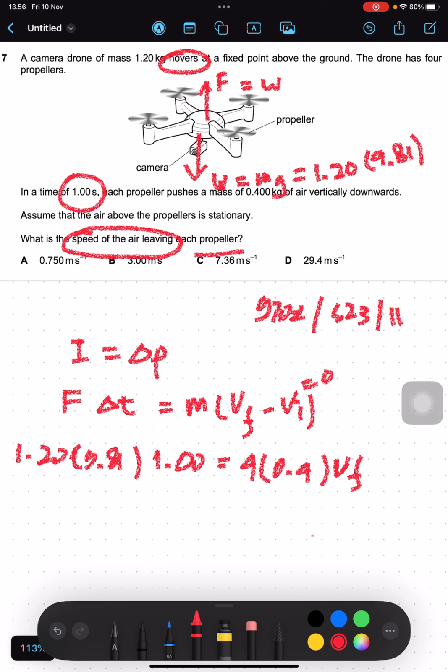So we get v final, after we calculate it, about 7.36 meter second minus 1.